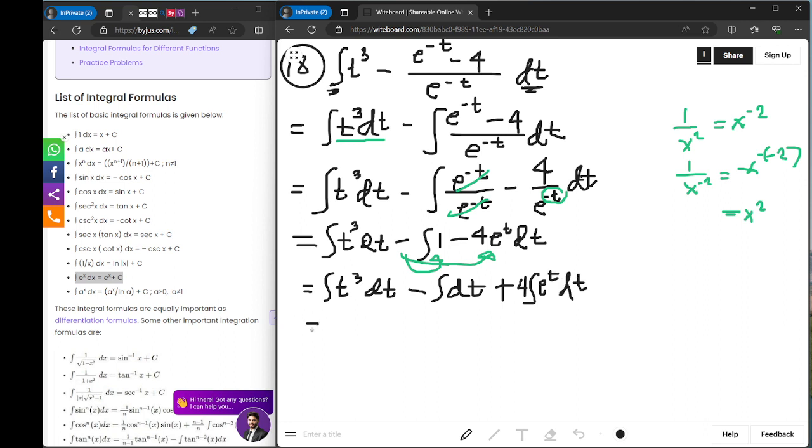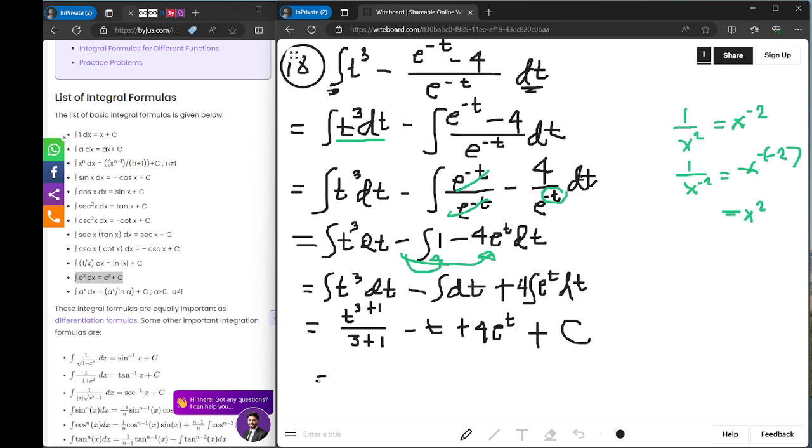Okay. So here, the integral of t to the 3 is t to the 3 plus 1 over 3 plus 1, minus the integral of dt is just t, then plus 4 times the integral of e to the t, which is just e to the t. And we should not forget, after integrating all of the terms, to write c.